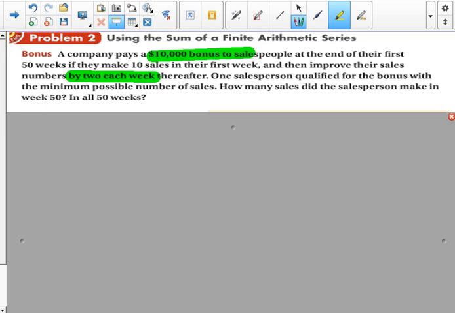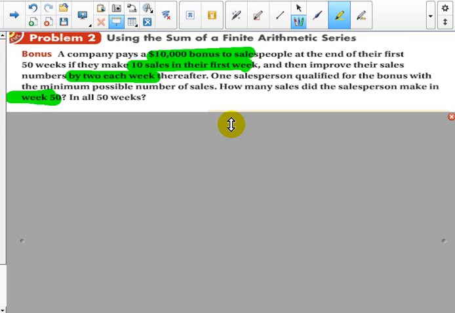So first we have to find what did they make in week 50. So we know it's making the minimum. It says if they make 10 sales in their first week, so that would be their minimum. 10 sales in the first week, and then improve by 2 each week, so the difference would be 2.